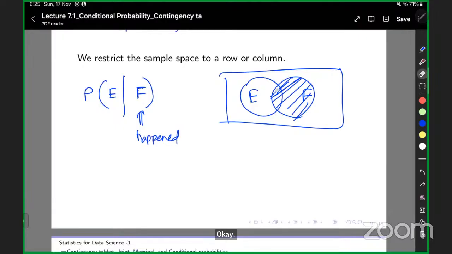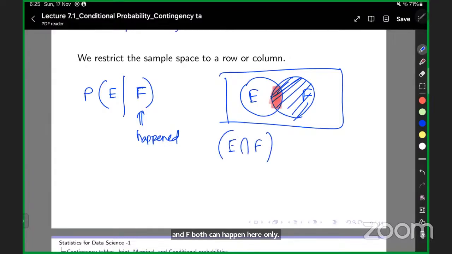Okay, so see, this portion is only left, right? E and F both can happen here only.